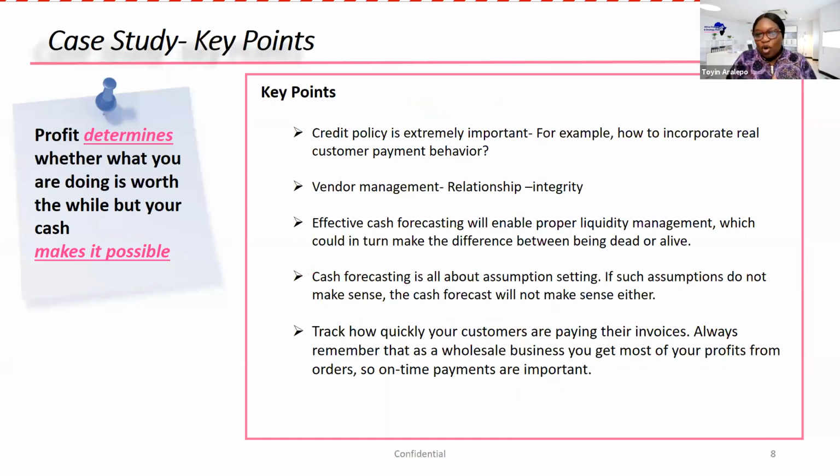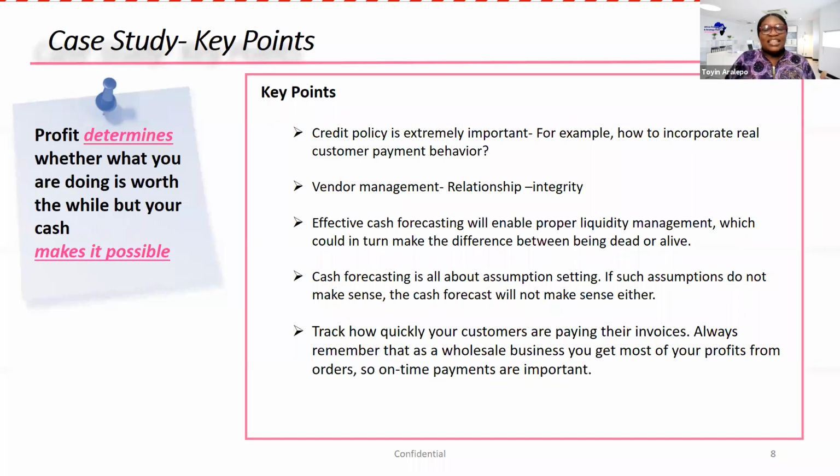So what are the key points? Now, your credit policy is extremely important, right? So you need to make sure that your credit policy aligns with the nature of your business.